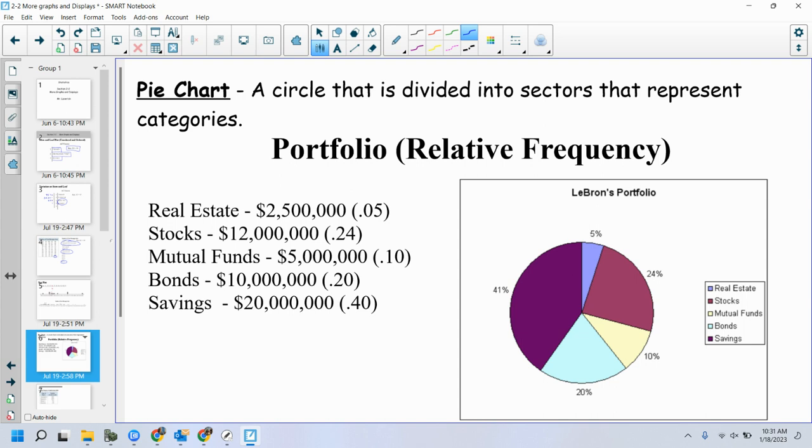A pie chart. One of the most common visual representations of data. Now, this is where we get back into, I can't see individual pieces of data anymore.